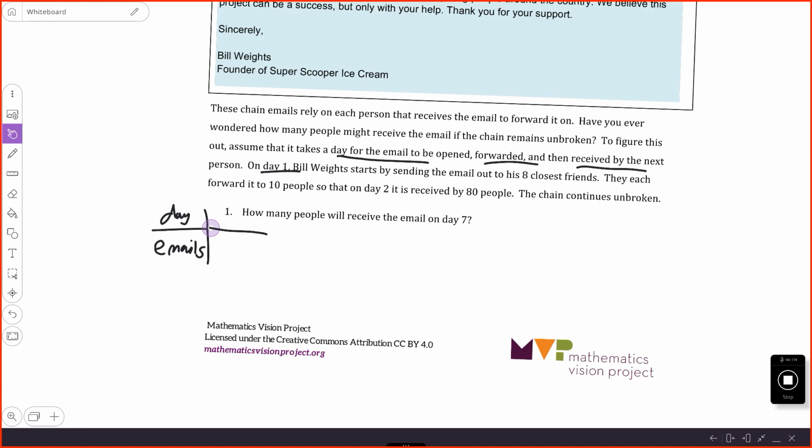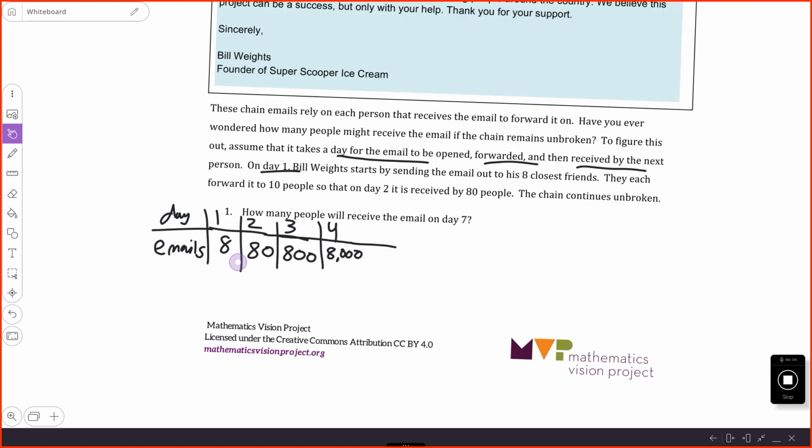So day 1 sends out to 8. Day 2 sends out to 80. Day 3, those 80 people will send out to 10 each, so that'll be 800, and so forth. So how many people receive it on day 7? So let's do 4. That'd be 8,000.